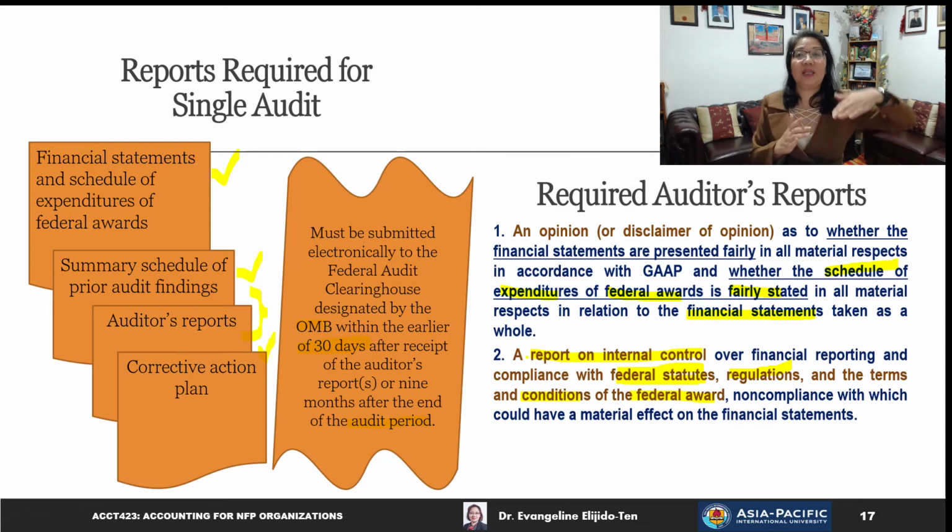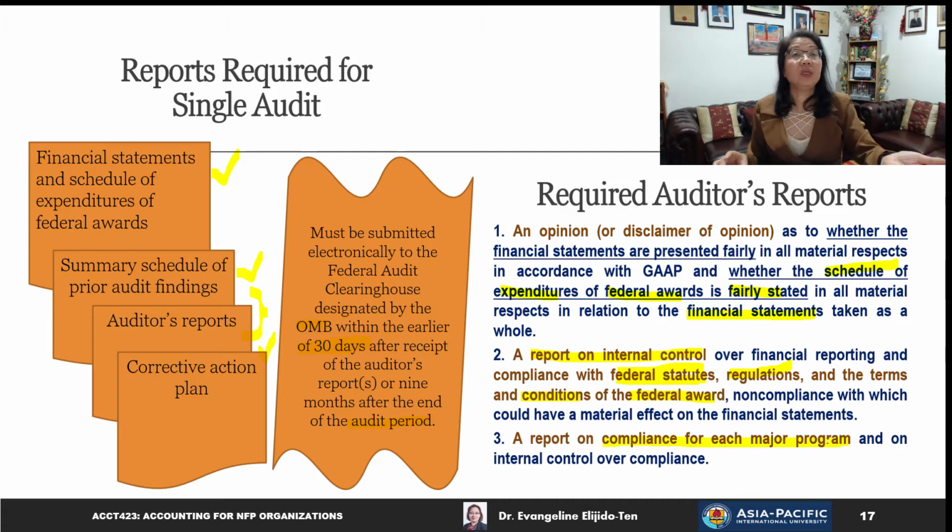This is why we said that single audit has a much higher level of complexity compared to the requirements of GAGAS and GAAS. Number 3, there must also be a report on compliance for each major program and on internal control over compliance. And finally, a schedule of findings and questioned costs.